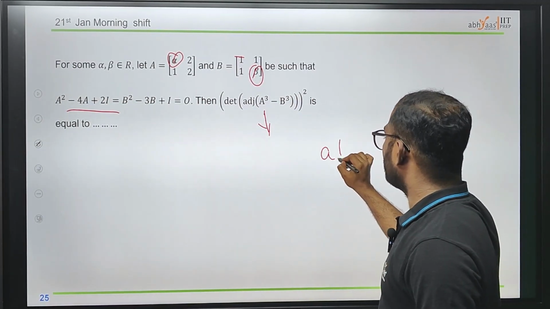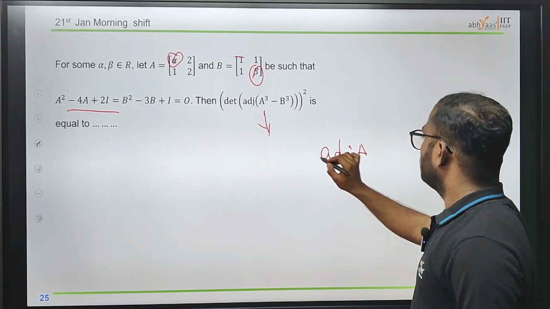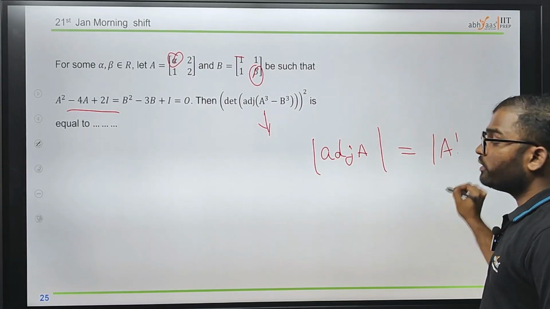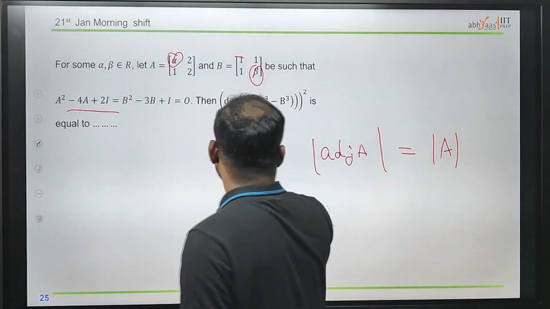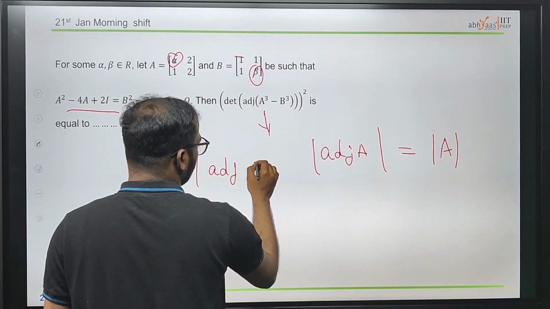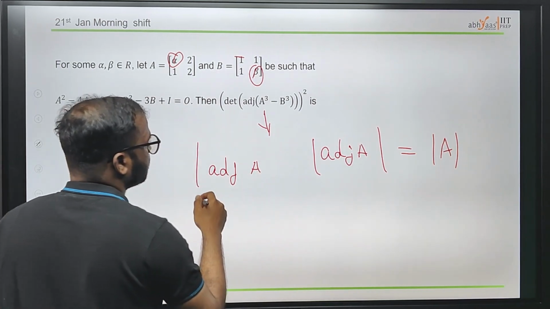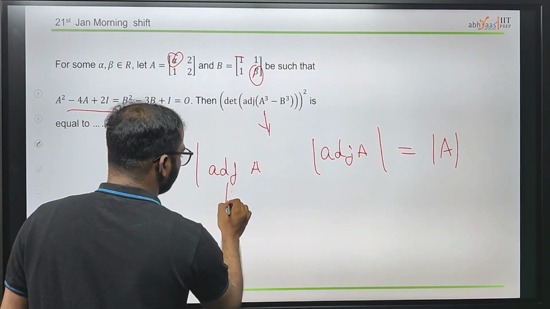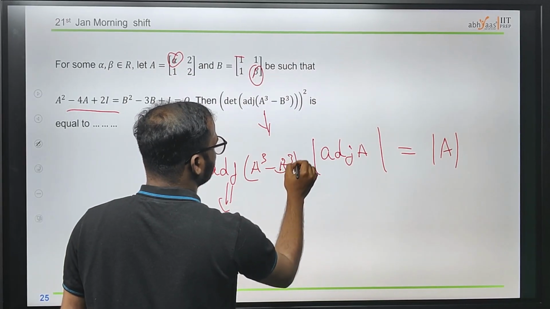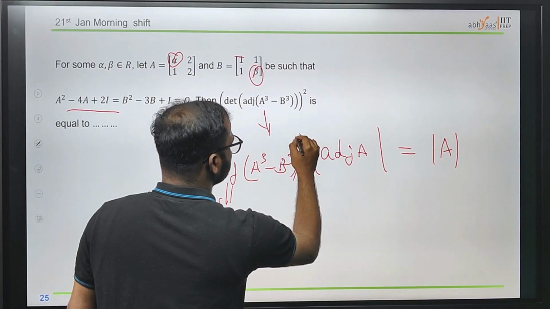We know the determinant of adjoint of A, which is the mod of adjoint of A, is always equal to mod of A for 2 by 2 matrices. By this we can easily say adjoint of A cube, whatever we have, this will be equal to A cube whole square.